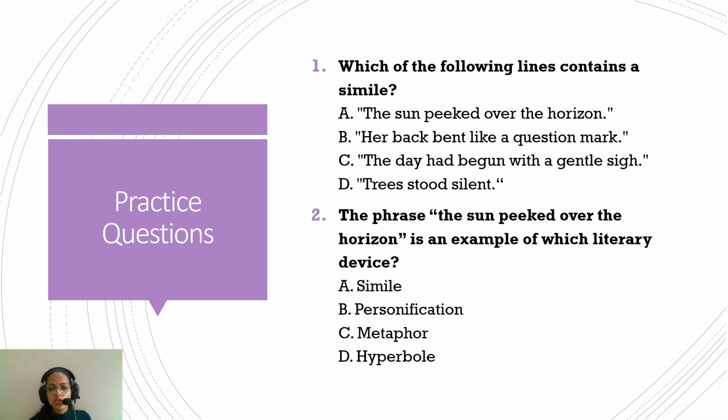So half the sun has not risen completely, only a small portion of the sun is visible. So it's almost like it's trying to peek from behind the horizon, like a kid hidden behind a tree trying to peek and see if the person is coming or not. So that's peeking. That would be personification of the sun, giving the sun person-like qualities.